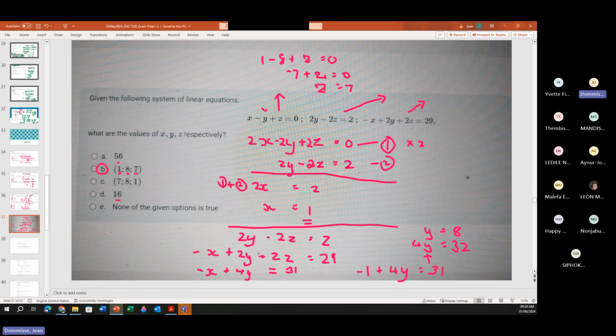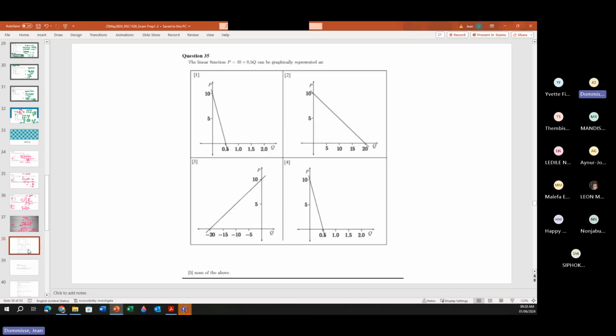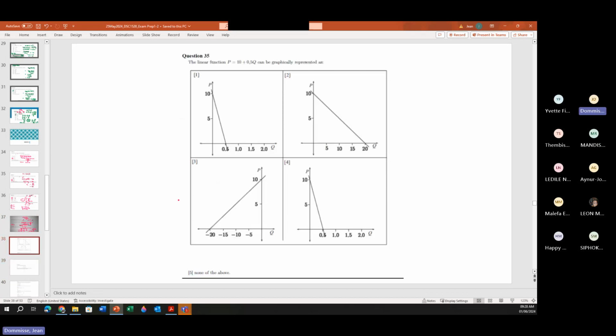Okay, so then I'm going to move that one a bit down as we get to the other ones about price and quantity, because we first want to look at a function, the price and quantity linear function, and they ask us which one of these represents the formula.